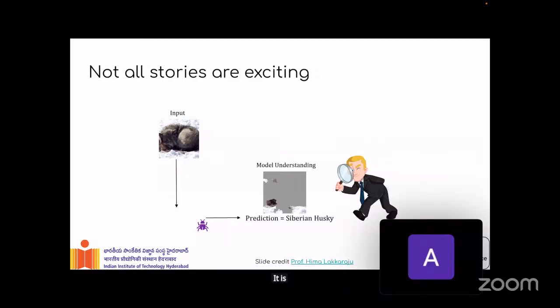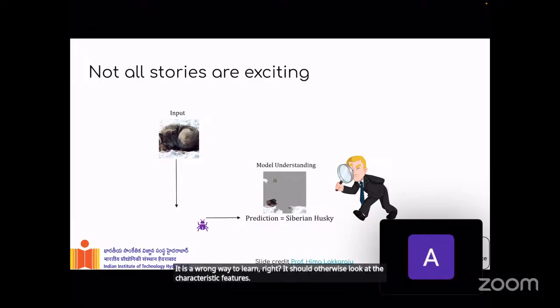It is a wrong way to learn, right? It should otherwise look at the characteristic features of the category, what makes a Siberian Husky what it is. Then it should highlight those regions, right? This particular model is almost useless because it didn't learn anything about the Siberian Husky category. It just caught some spurious correlation that is present in the input images.